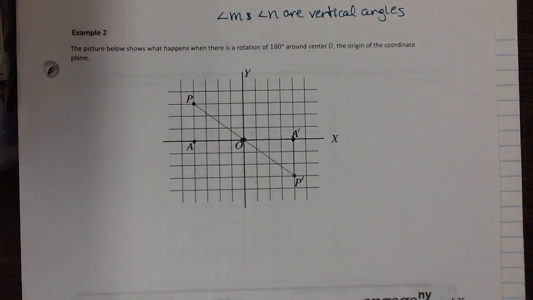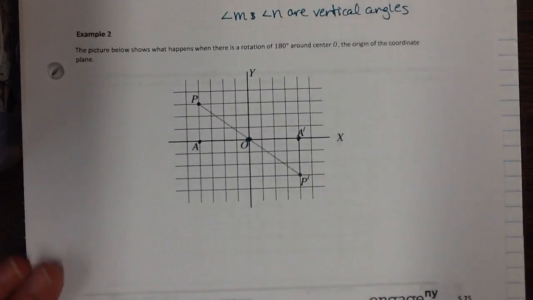And something special that we need to talk about here is that when we rotate 180 degrees on a coordinate plane, something special happens to the coordinates. So let's look into that.